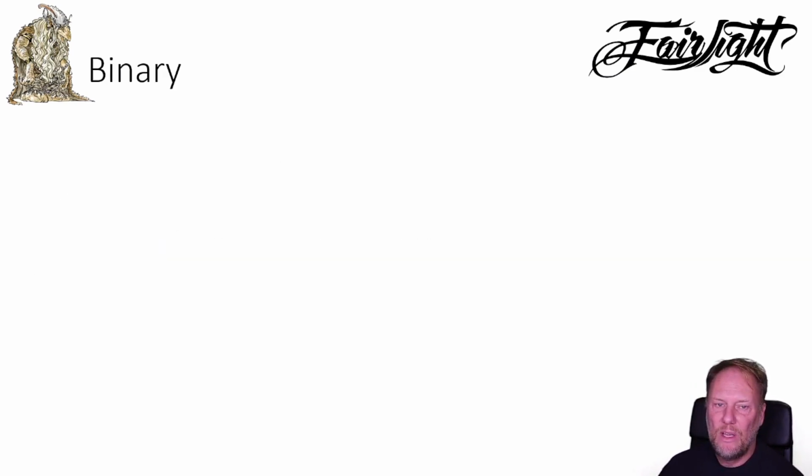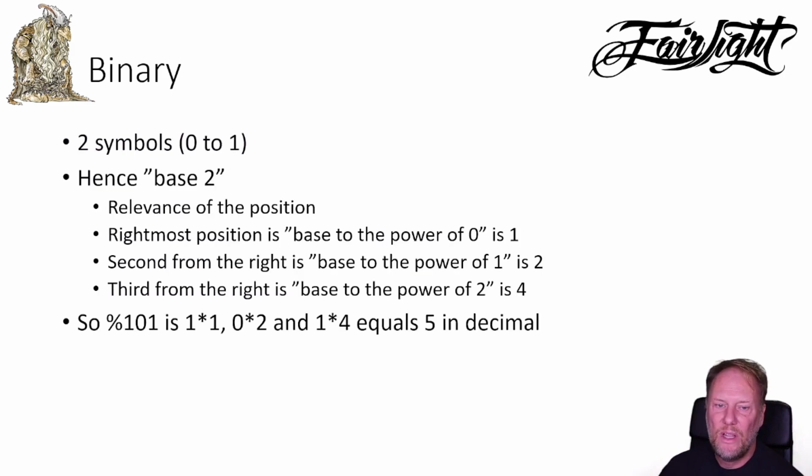But when we look at computers, they run on binary code, and they only have 2 symbols, zeros and ones. So binary is base 2. If we take the same logic here, the rightmost position is base to the power of 0, so that's 1. And here the base, again, is 2, right? Second is base to the power of 1, and that is 2.